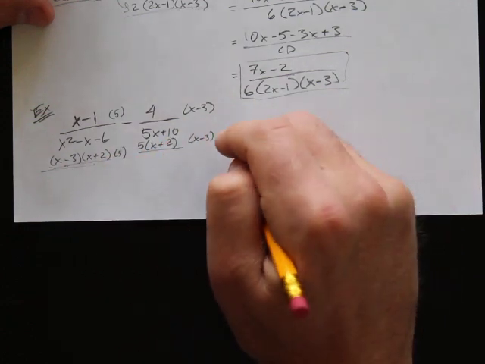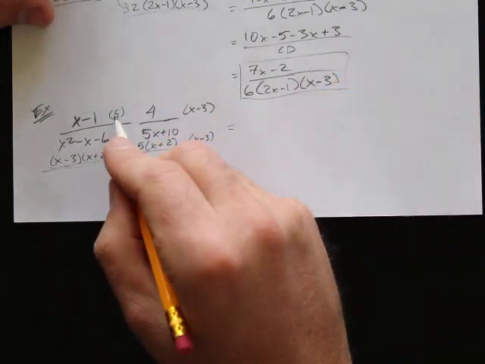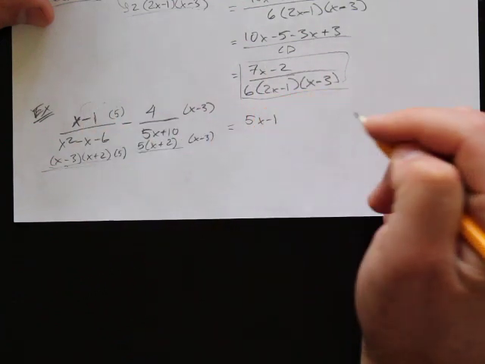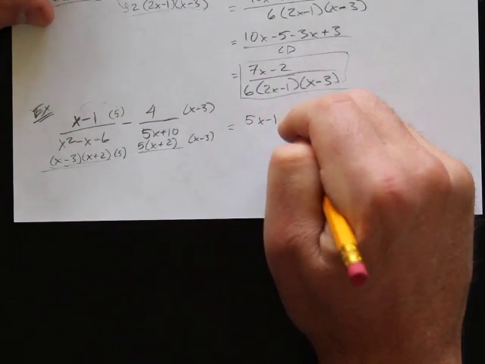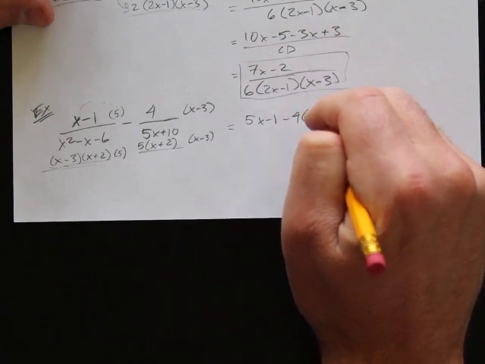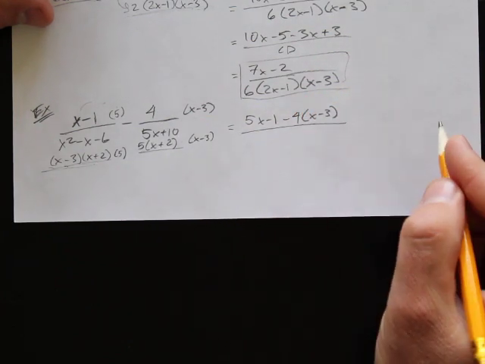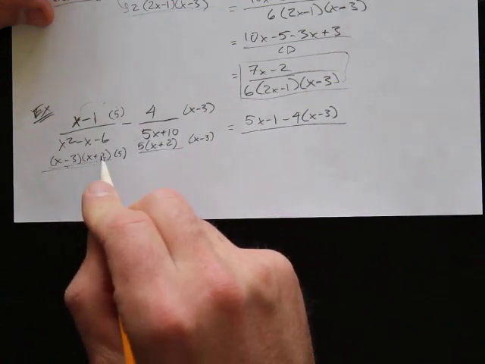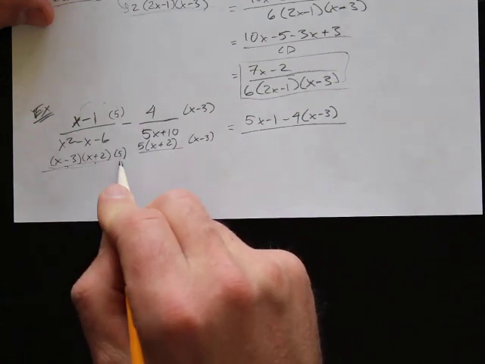Okay, let's rewrite this because this is getting a little bit messy. So I'm going to distribute this 5. I've got 5 times x minus 1 minus 4 times x minus 3, all over my common denominator, which is x minus 3, x plus 2 times 5.